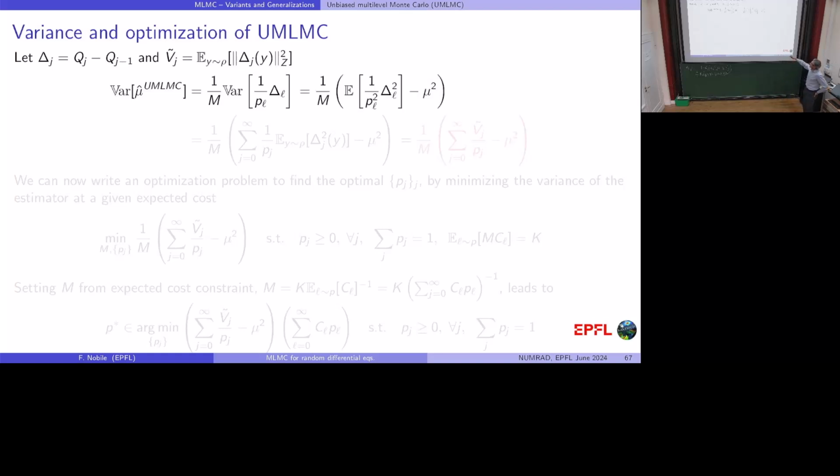And the variance of this random variable, where L is a random variable itself now, I can write as the uncentered second moment minus the mean squared.